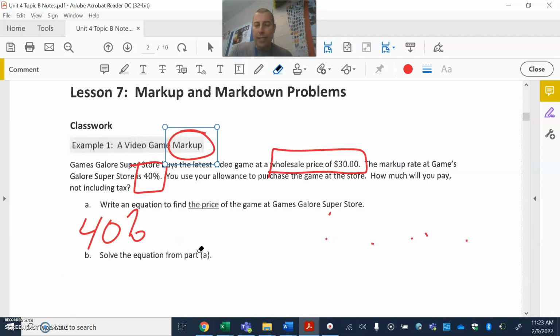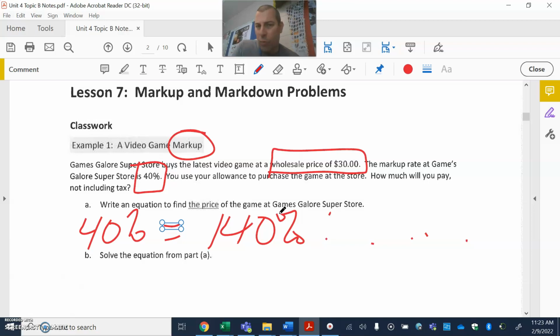But what we're really doing in a 40% markup is paying for 140% of the item. Let's keep this in mind. Where's that coming from? Well, 100% because you've got to pay the original amount, and then you're paying the 40% above that. Because it's a markup, we add it on to 100%.